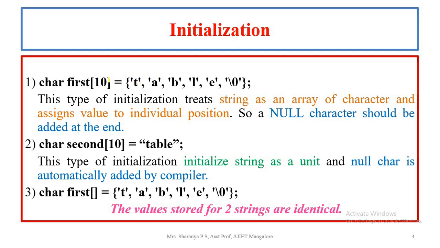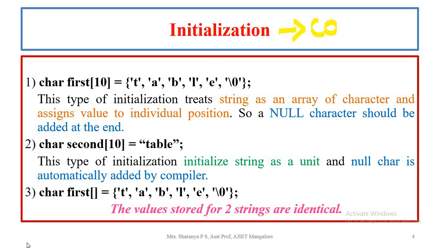After that, the characters that we store in this string we can initialize in 3 different ways. This initialization that we are following is called compile time initialization, or pre-initialization.